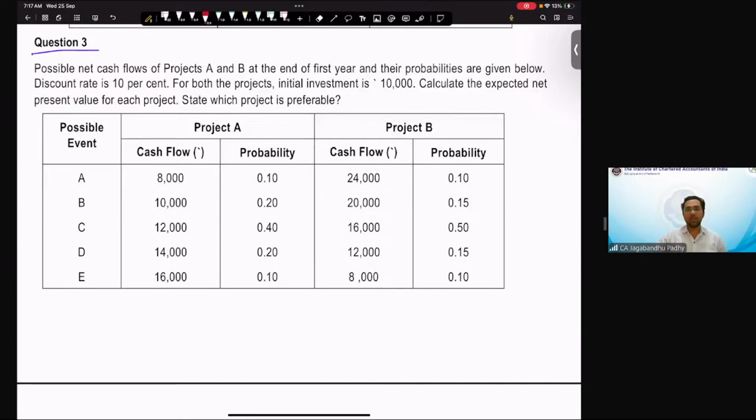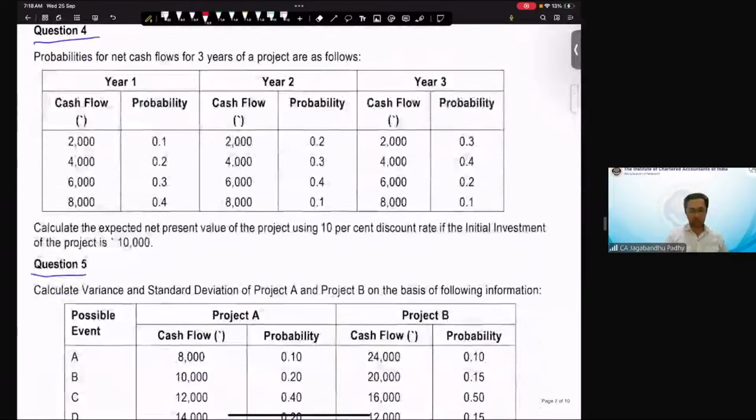It is quite possible that we may have cash flows ranging over multiple years. Like in the first year, we may have a range of cash flows, and in the second year, we may have a range of cash flows. Then we need to decide how we get the expected NPV in such a situation. So to address that, let's look at question number 4.